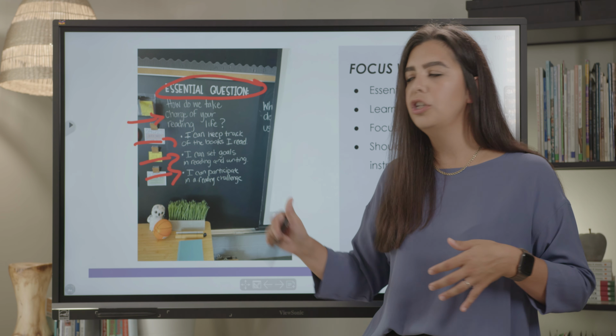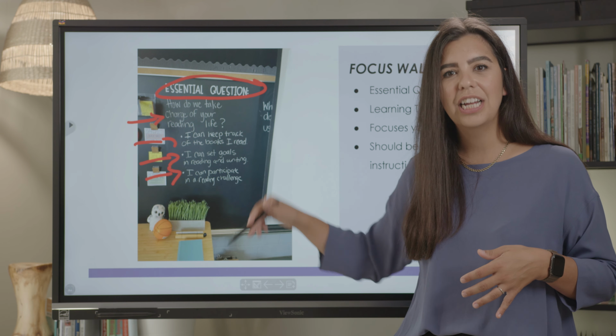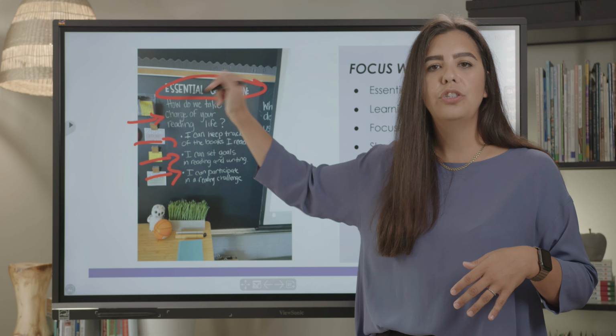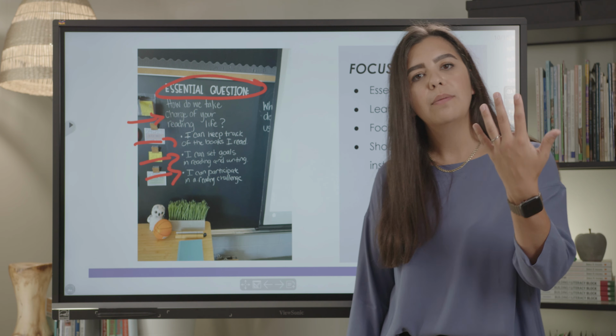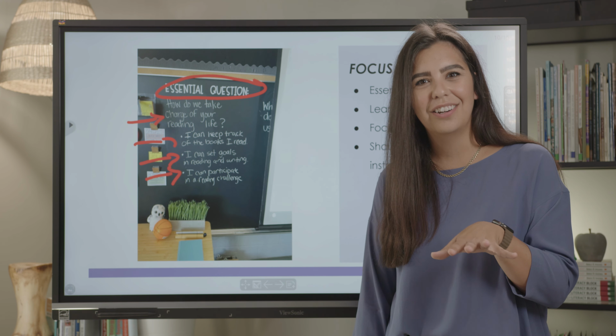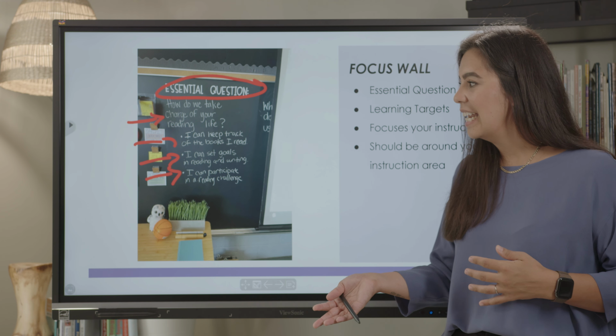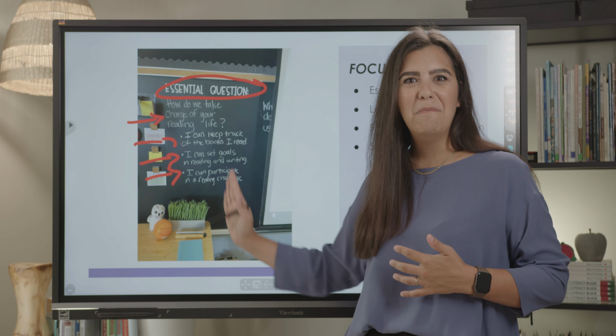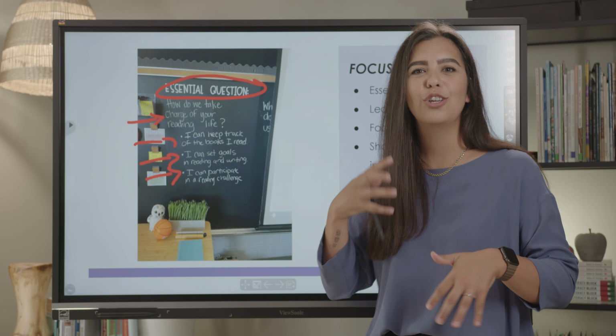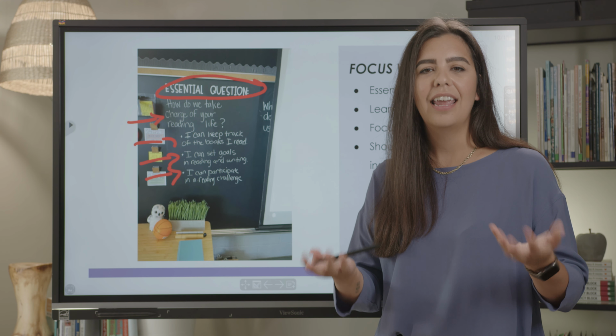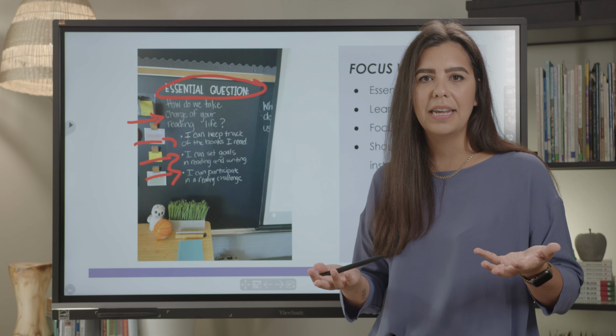And so we always knew that these learning targets were directly going back to that essential question. And so when my students were then responding to their essential question at the end of the week or at the end of 2 weeks, they then were able to bring back a lot of these learning targets. And so you would hear that language in their responses, which was very empowering.